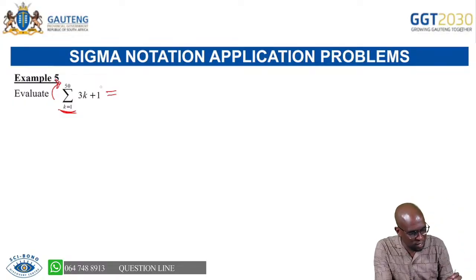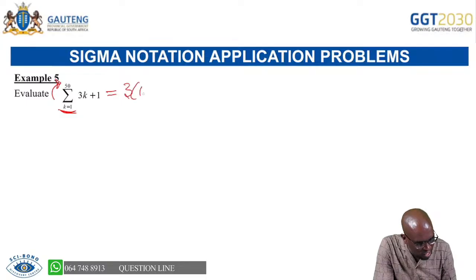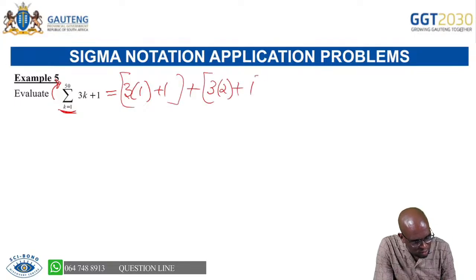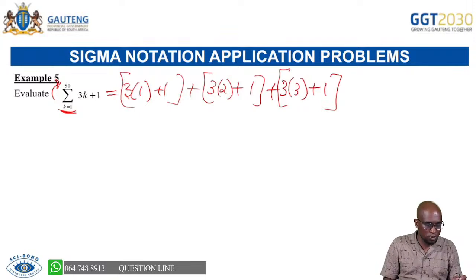So now if we expand this, where we see k, we put 1: 3 times 1 plus 1, this is the first term, plus 3 times 2 plus 1, plus 3 times 3 plus 1. So this is how you are going to expand.